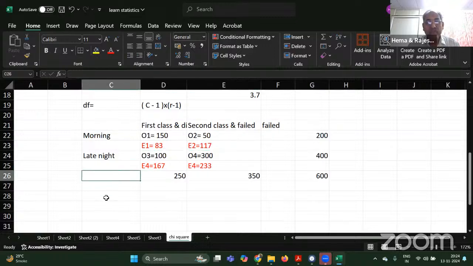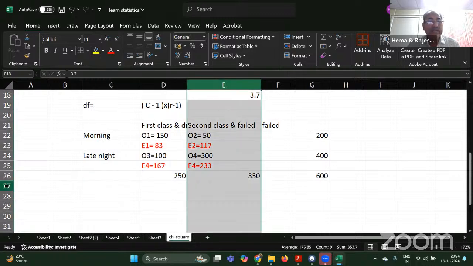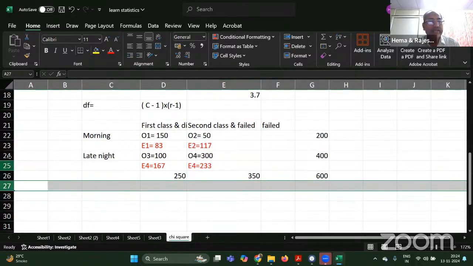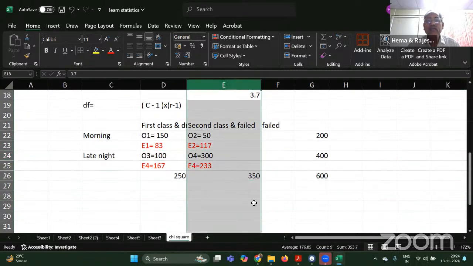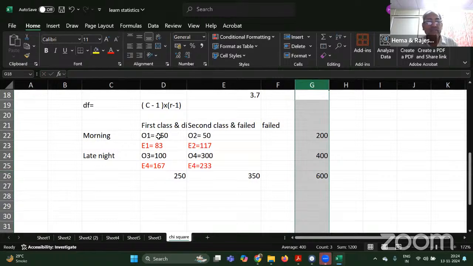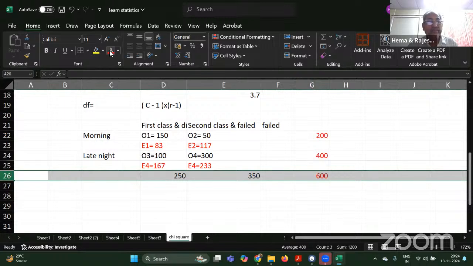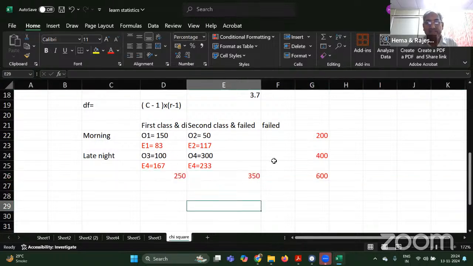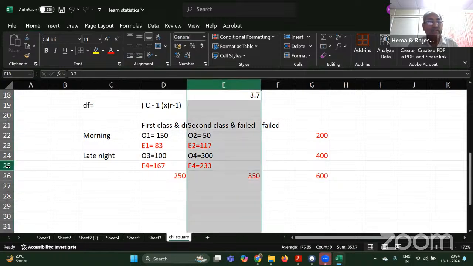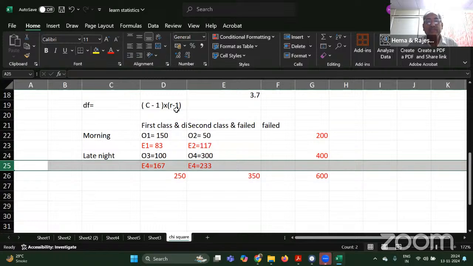Similarly, if your third row is also there, this is the last row and this is the last column. You always need to subtract 1 because they are fixed, because the total is fixed. This total remains fixed and this total also remains fixed, and that's why you cannot move the last column and last row. That's why it is C minus 1.